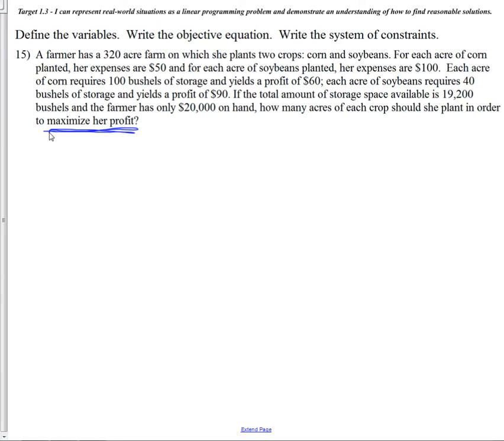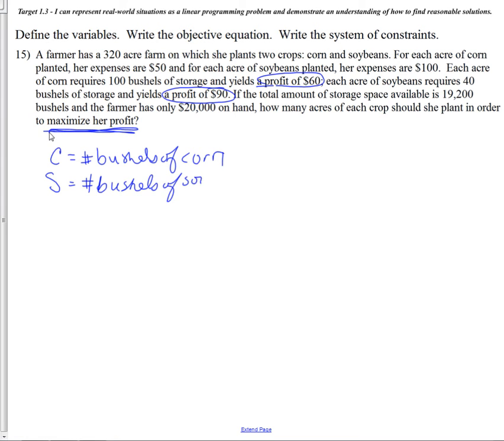And what do we know about profit? Let's see, it looks like there's a profit number, there's a profit number, and that has to do with soybeans and corn. So that's what we're going to use. C is the number of bushels of corn, and S is the number of bushels of soybeans.